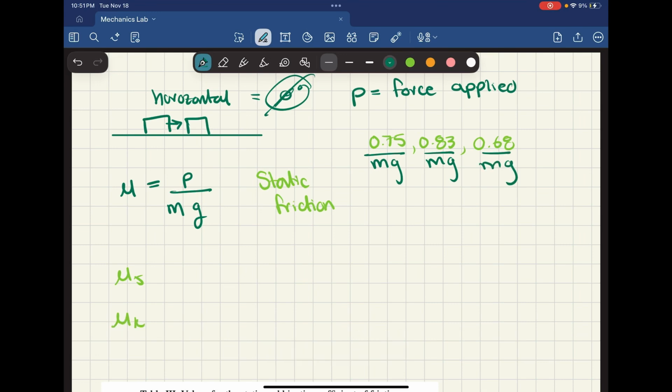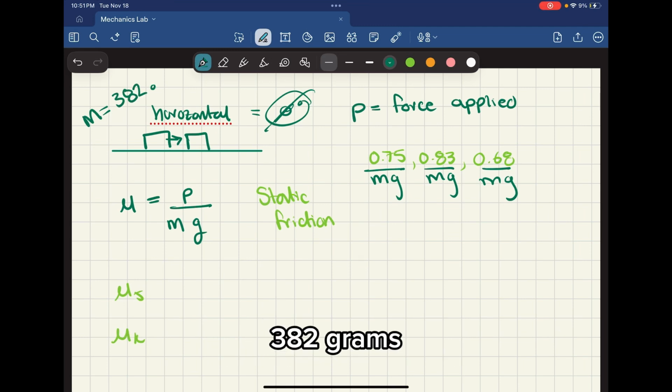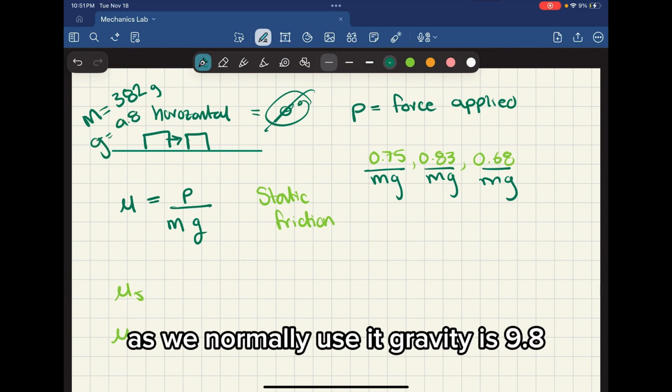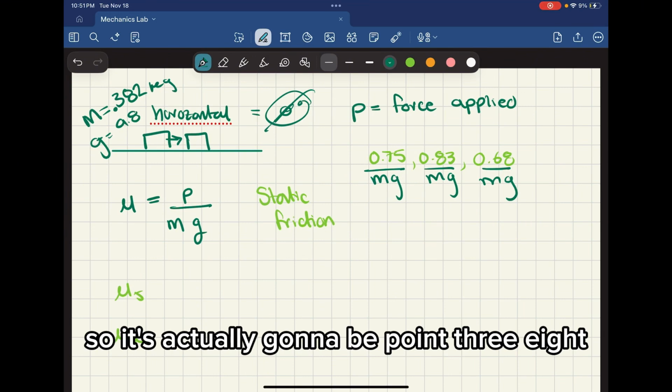I forgot to mention it earlier, but we will be assuming that our mass is 382 grams, and our gravity is, as we normally use it, 9.8. We actually need to convert the mass to kilograms, so it's 0.382.